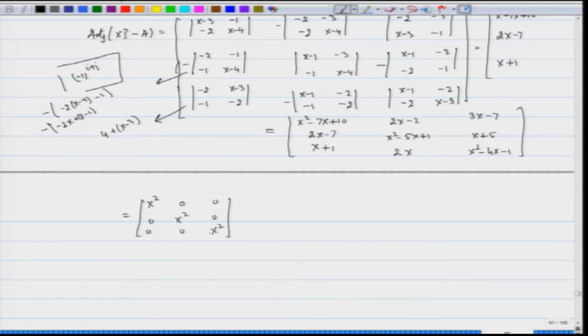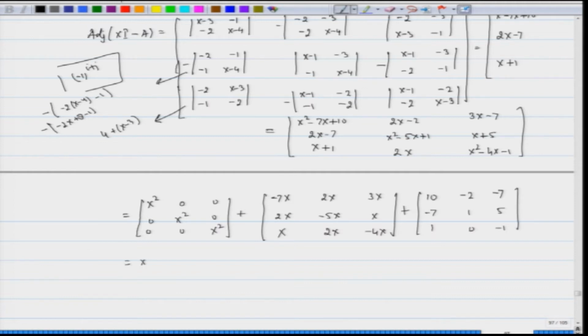Let us look at the coefficient of x. The coefficient of x comes from minus 7x, 2x, x, 2x, minus 5x, 2x, 3x, x, minus 4x, plus there is a constant, which is 10, minus 7, 1, minus 2, 1, 0, minus 7, 5, minus 1.